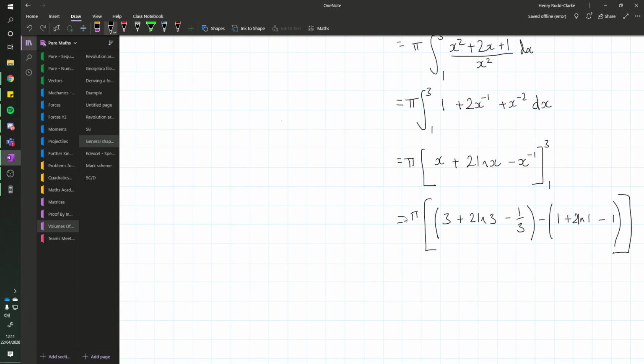So this is nothing. 2 ln 3 multiplied by pi. So 3 minus 1 plus 1. So that's actually, well, this is entirely 0, isn't it, obviously? So it's just going to be 3 minus a third plus 2 ln 3. So 3 is 9 over 3. So this is going to be 8 over 3 plus 2 ln 3.